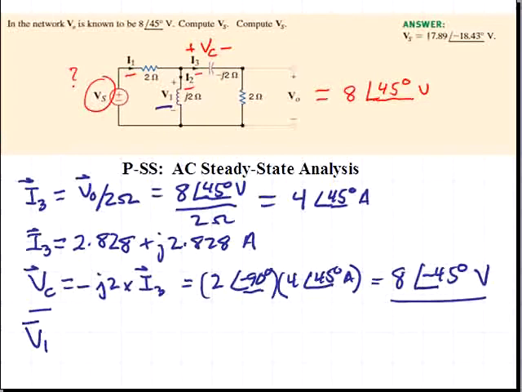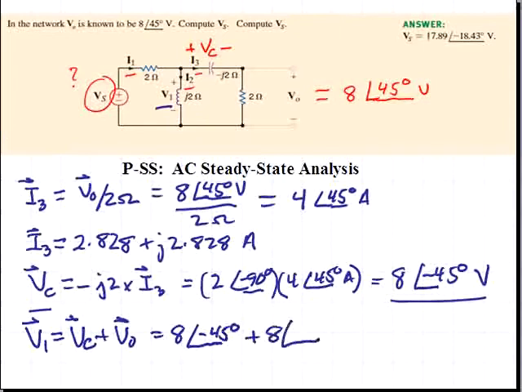The voltage V1 in the circuit can be obtained by Kirchhoff's voltage law as the sum of VC plus VO, and this will equal 8 at an angle of minus 45 degrees for the capacitor voltage plus 8 at an angle of plus 45 degrees for that resistor voltage.